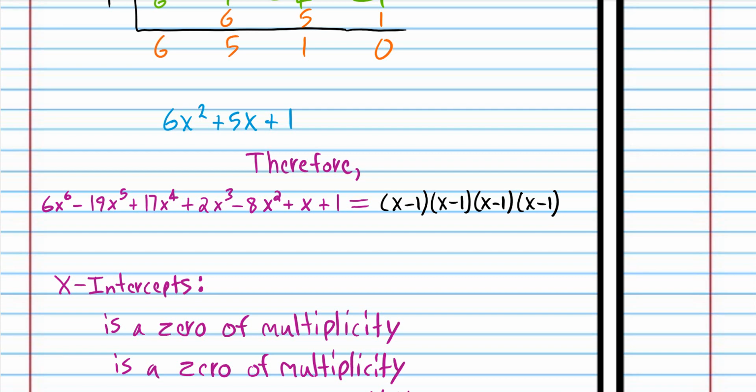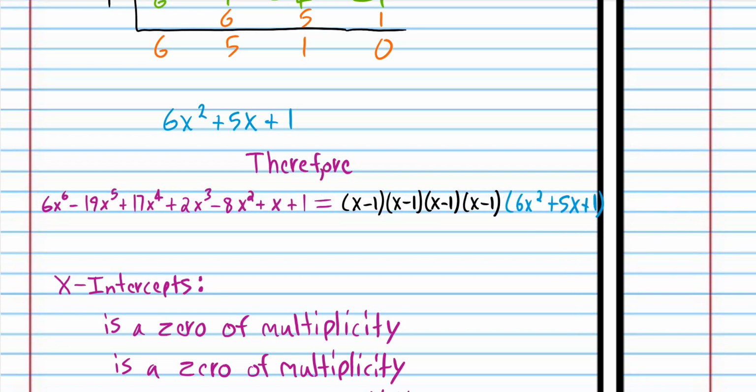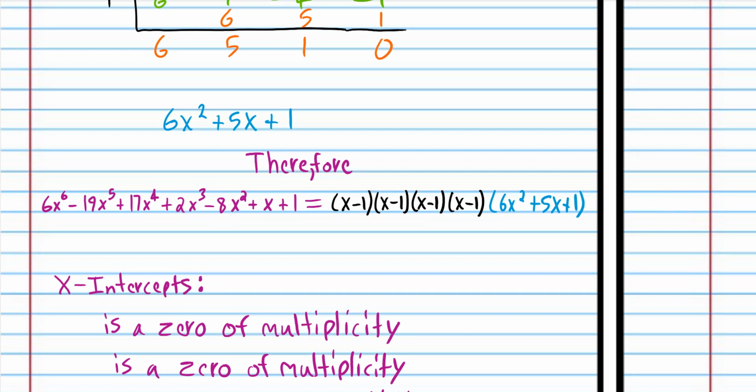And then we're left with the 6x squared plus 5x plus 1 at the end. So we can write that x minus 1 in exponential form, obviously. Actually, let's just copy it for now.